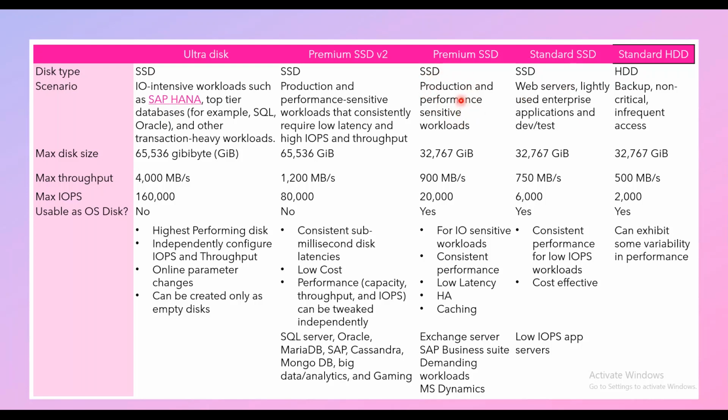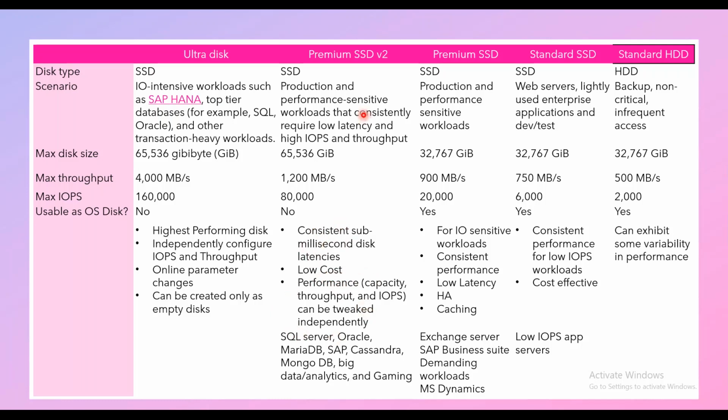But if your workload is consistent and requires very low latency and high IOPS and throughput, then go for SSD. For example, SQL Server or Oracle or NoSQL, MariaDB, SAP, Cassandra, MongoDB, big data analytics, gaming, for all these things, you will need a consistent sub-millisecond latency, and you will need a low cost performance balance and all those things.